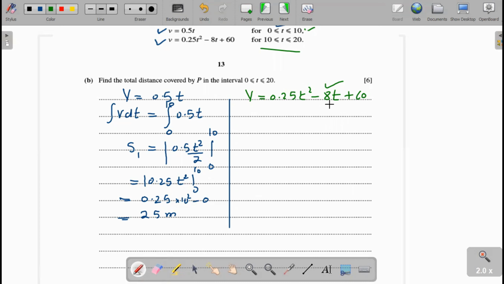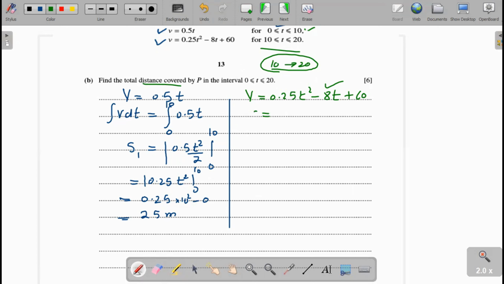From this, we can calculate the distance of this interval, because when we integrate the velocity in the interval 10 to 20 seconds, it shows the displacement, but we have to find the distance covered in this interval. Therefore, we find the time where the velocity is 0.